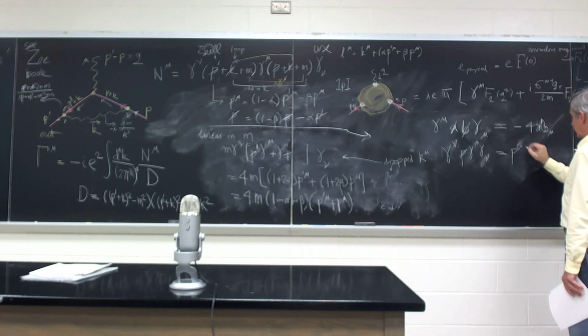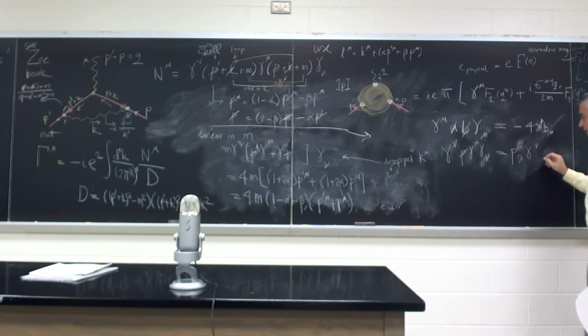Lambda of gamma mu, let me put it downstairs. Gamma mu, gamma lambda gamma mu gamma mu. Agree? Algebra, okay.